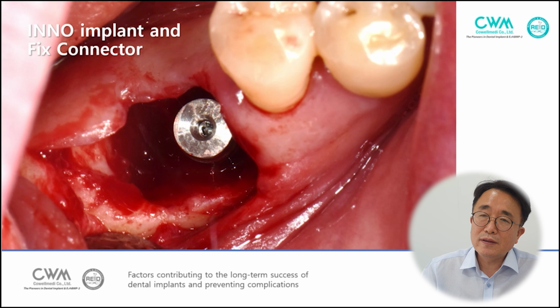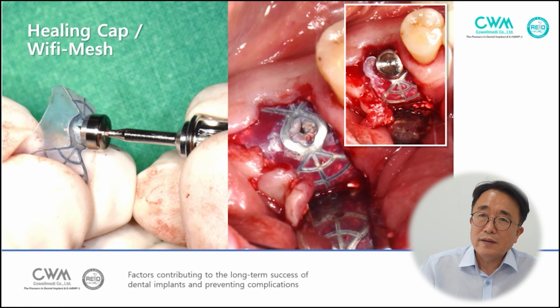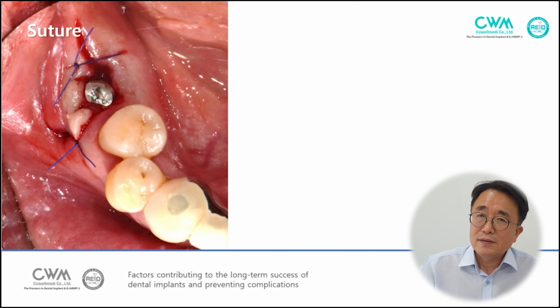The implant and the connector were connected, and the gap between the implant and the socket is large. The inner cavity was filled in the gap, and the healing cap and the titanium mesh were connected and primarily closed. Suture.